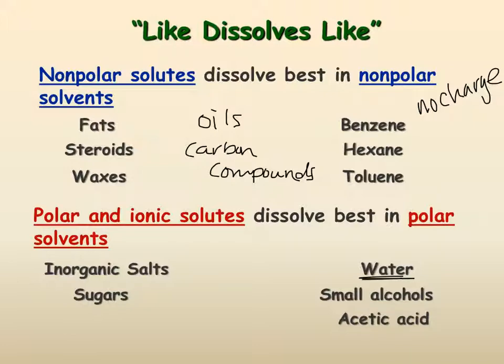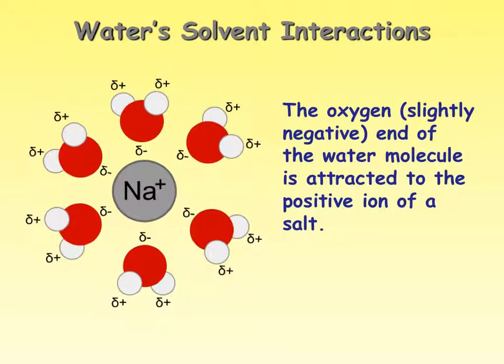What's going on here is that everything has some sort of charge, so you can get attraction. Specifically, water being a polar molecule means that the oxygen end of the water tends to hold on to the electrons more often than the hydrogen end, which makes the oxygen end slightly negative and the hydrogen end slightly positive.